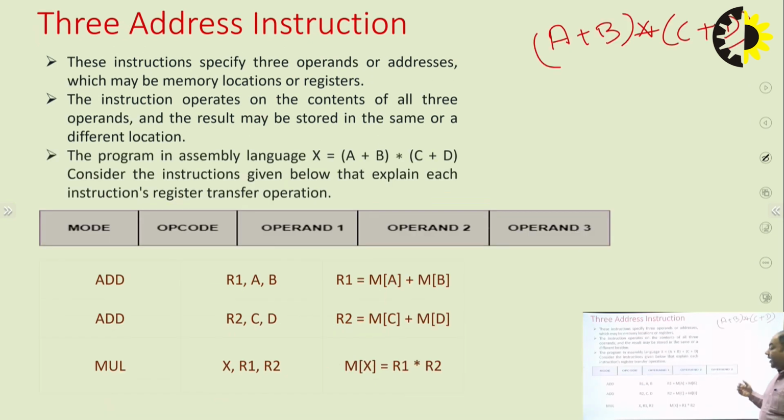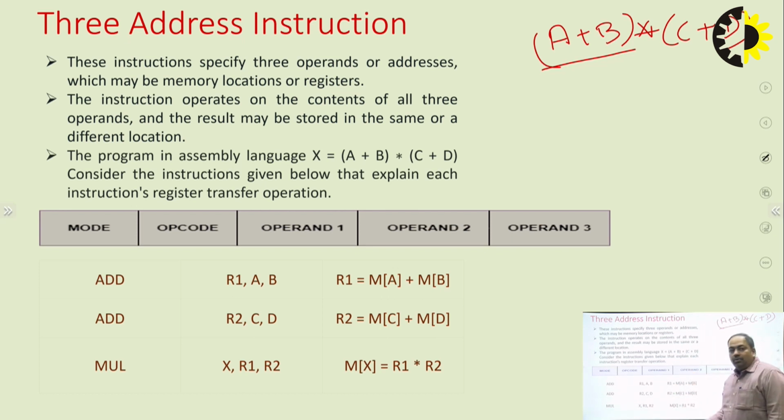So how will we execute it? First of all, where will it be stored? It can be stored in the same location, or it can also be stored in a different location. Now how are we executing it? First we take the first part of the expression, which is A plus B. So the memory address of A plus the memory address of B, or the data which we have in A plus B, we store in register R1.